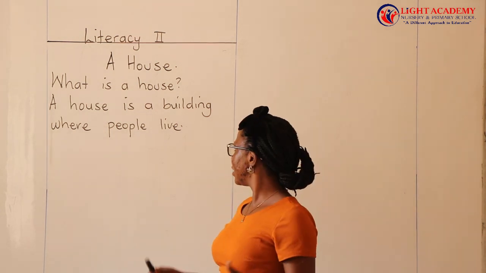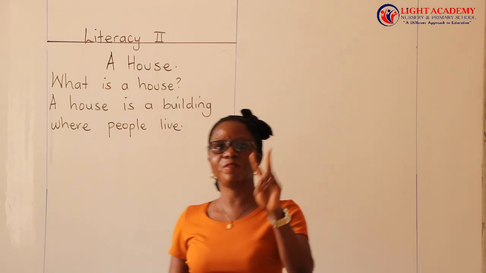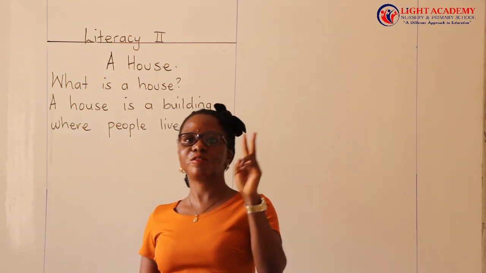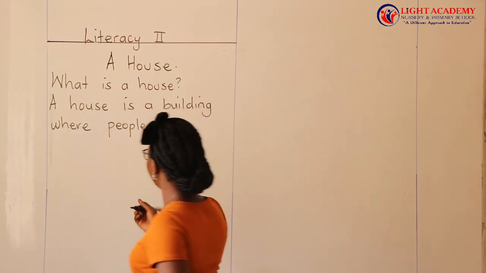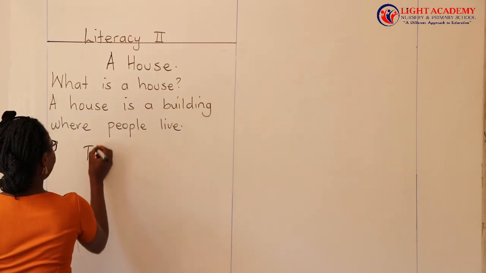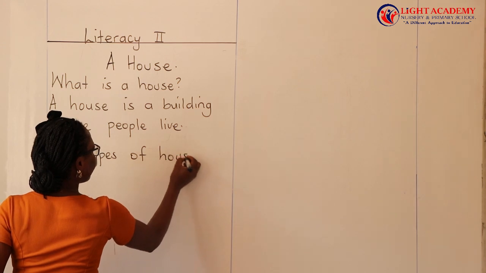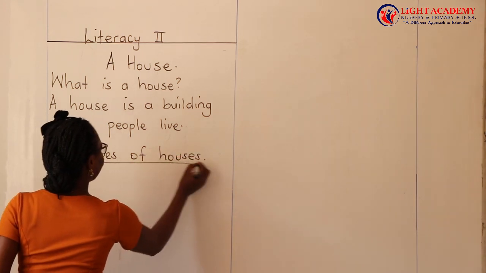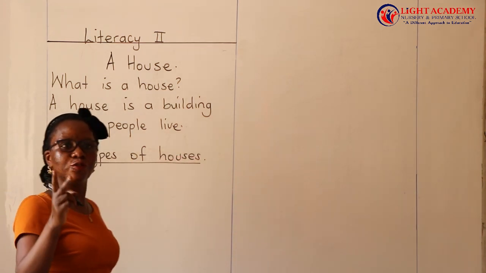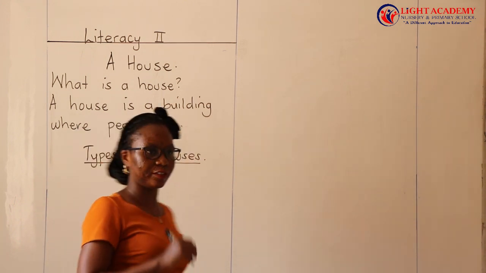Now, a house has different types. A house is of two types. Let's look at the types of houses. We have two types of houses.